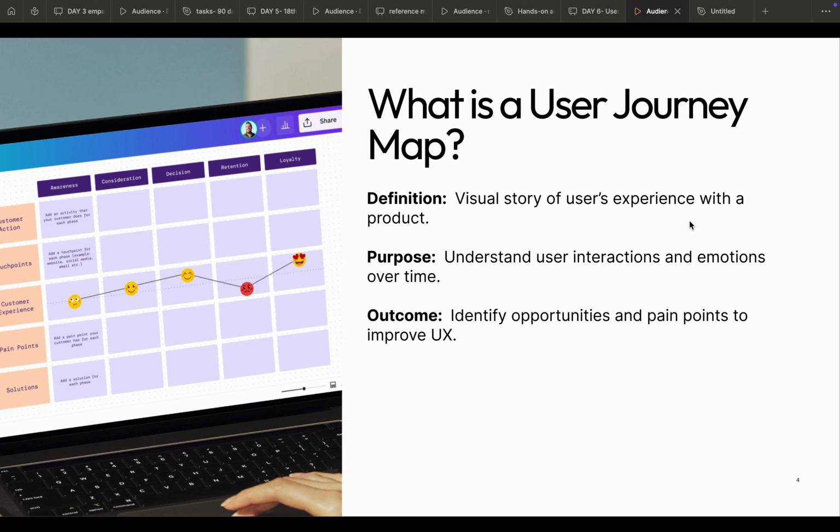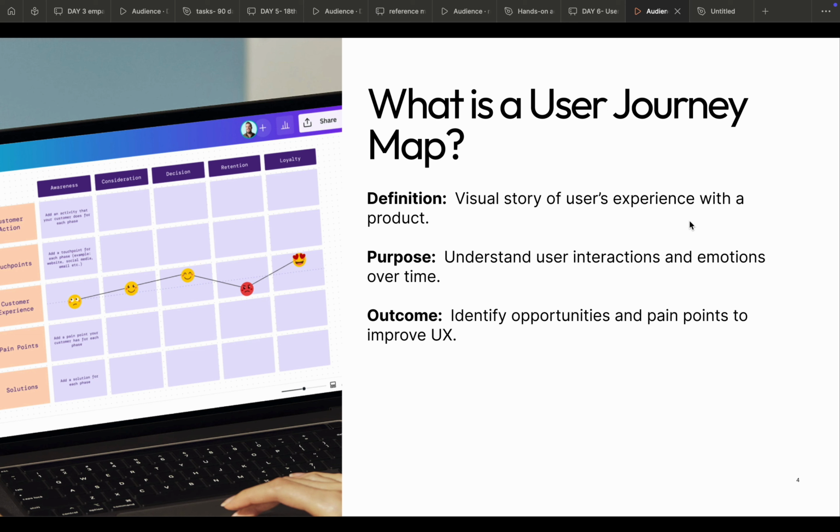So visually we'll be thinking of the user's journey. Once we get an idea of this being the user's journey, we'll be able to easily design for that user. So that is the definition of user journey map.